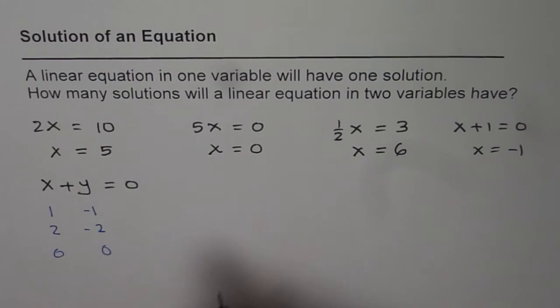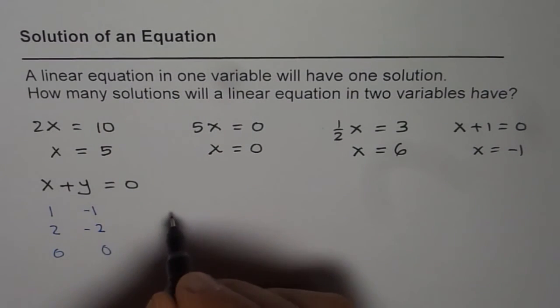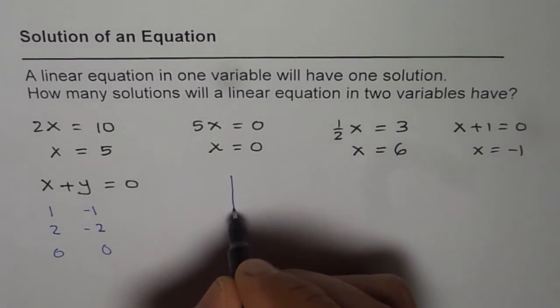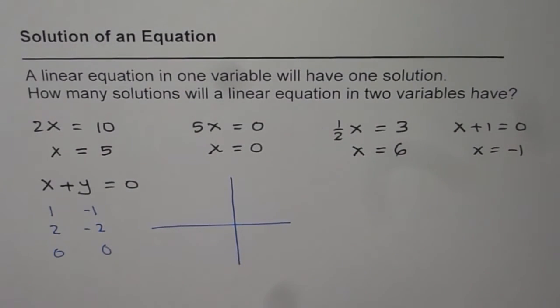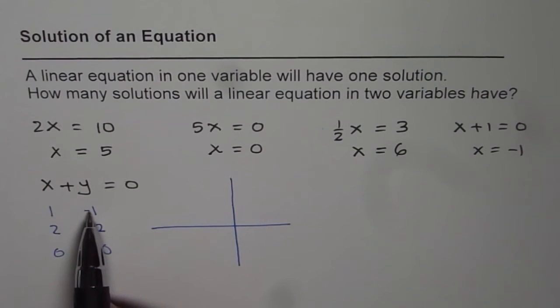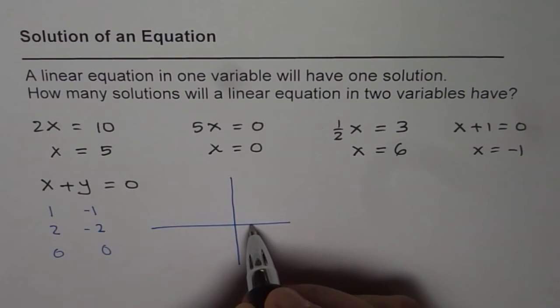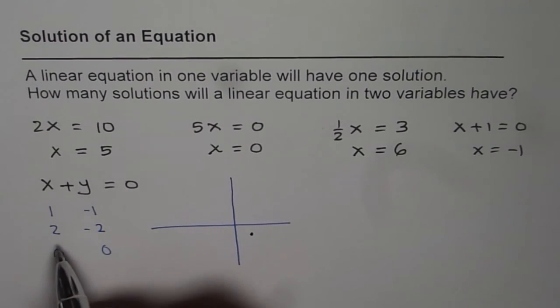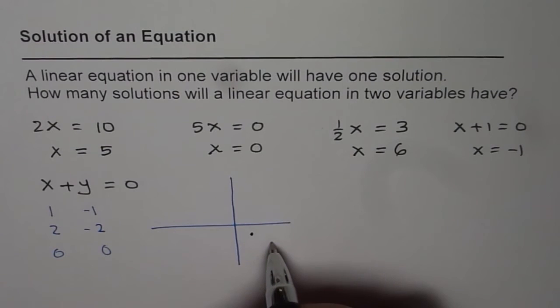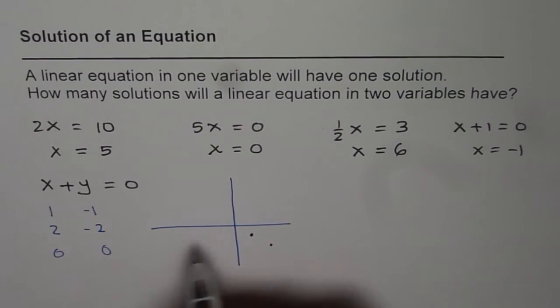If you plot them on a graph, for example, if I have a graph for this, that means if I plot x as 1, y becomes minus 1, so they add up to 0. So we get 1 point. X is 2, y is minus 2, we get another point. X is 0, y is 0.